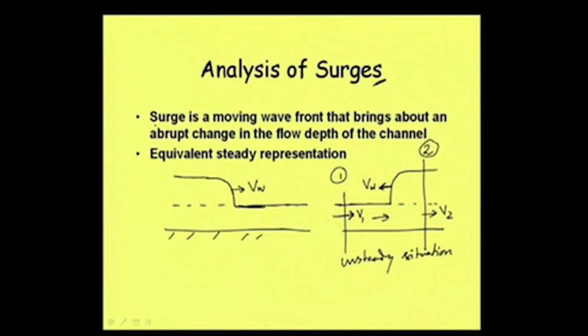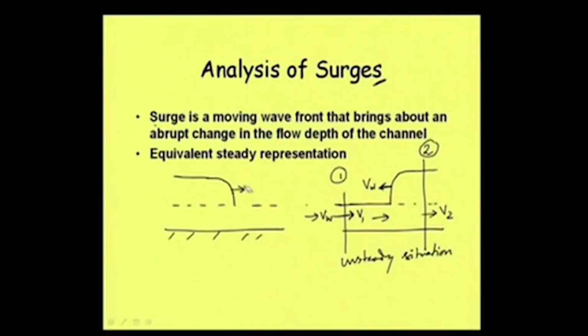Now, if we apply another velocity, say vw, in this part, then the total velocity at this point will become vw plus v1, and here it will become v2 plus vw, and then the velocity of the wave in this direction will become 0. That is why it is not in a position to move further, it will remain in the same position.